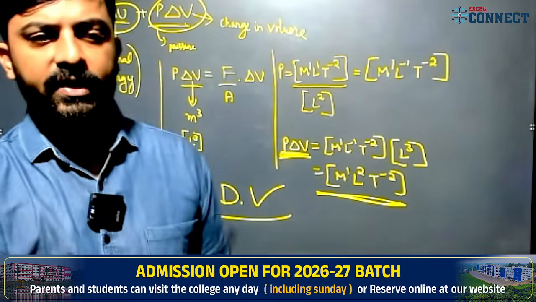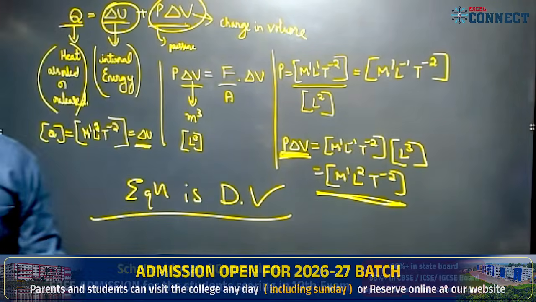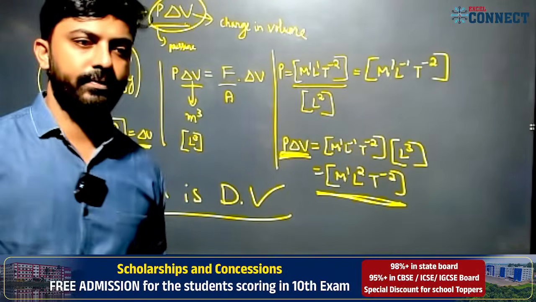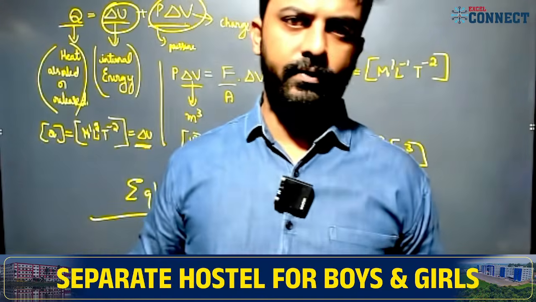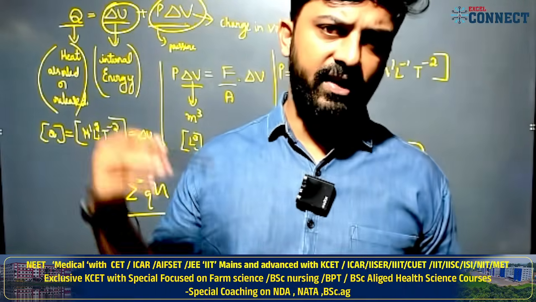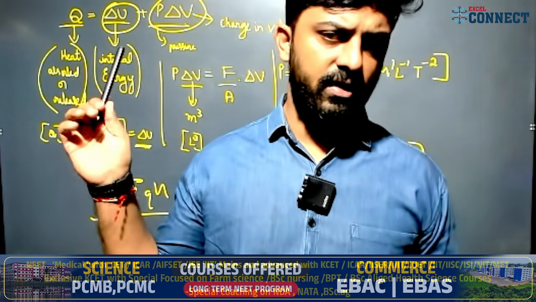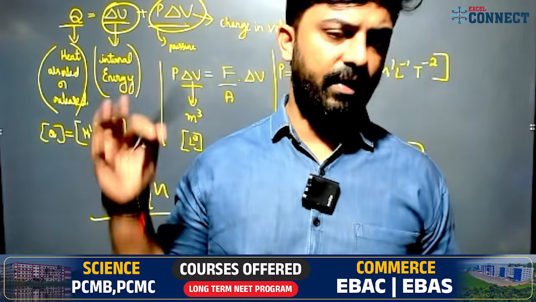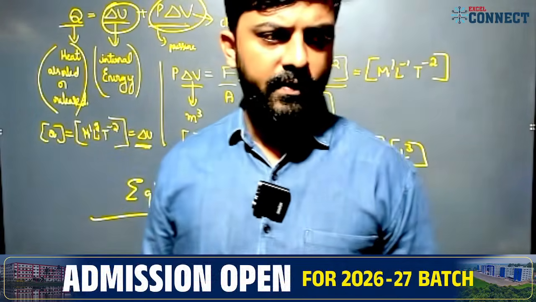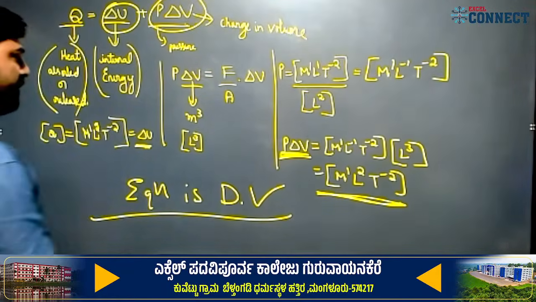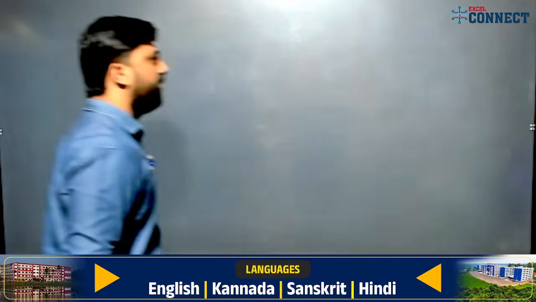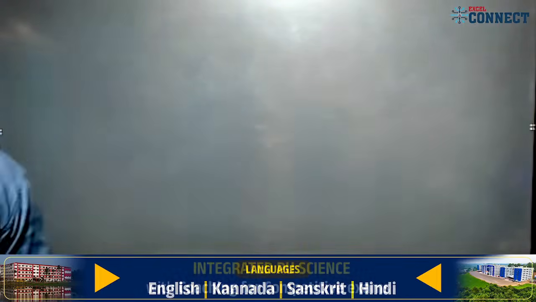So after solving this, it is M1 L2 T-2, right? This formula you will study in first year, it comes in the heat chapter, thermodynamics, right? We shall move to the next problem.